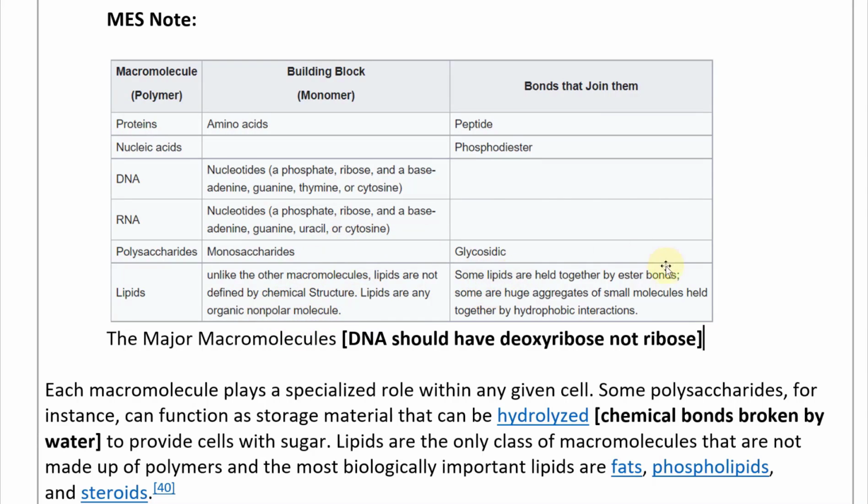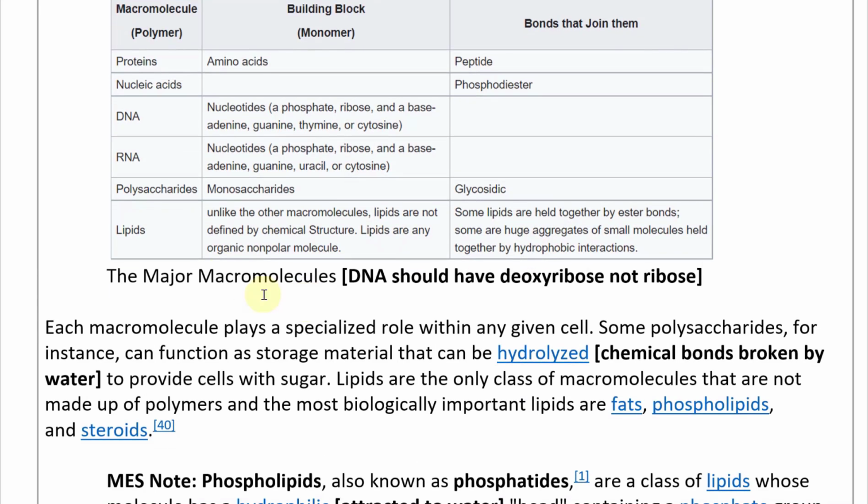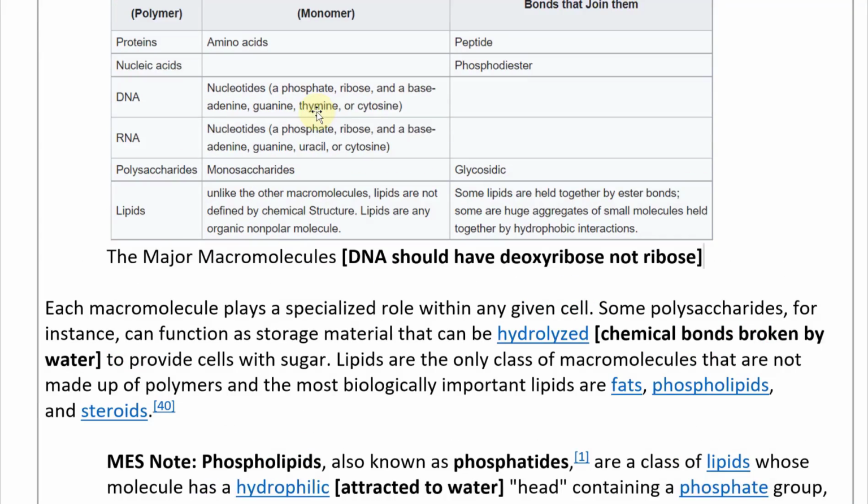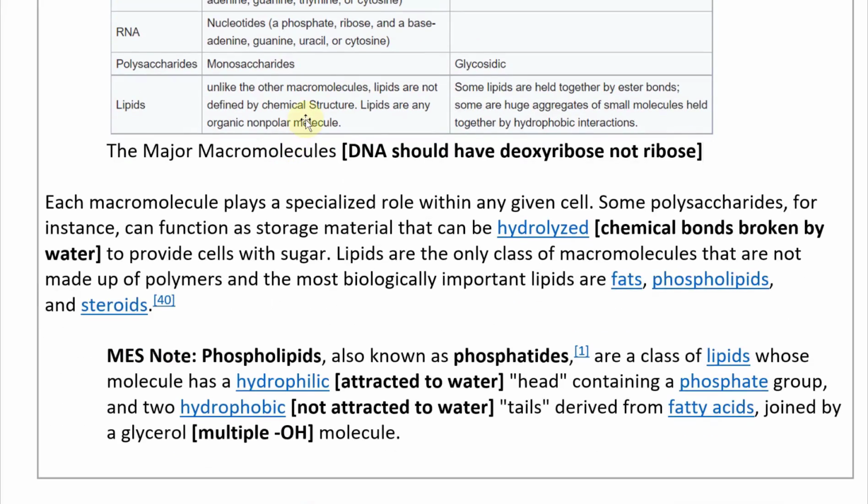Some lipids are held together by ester bonds. Some are huge aggregates of small molecules held together by hydrophobic interactions. So lipids are more aggregate based, as opposed to these ones, which are all chains of small specific monomers.